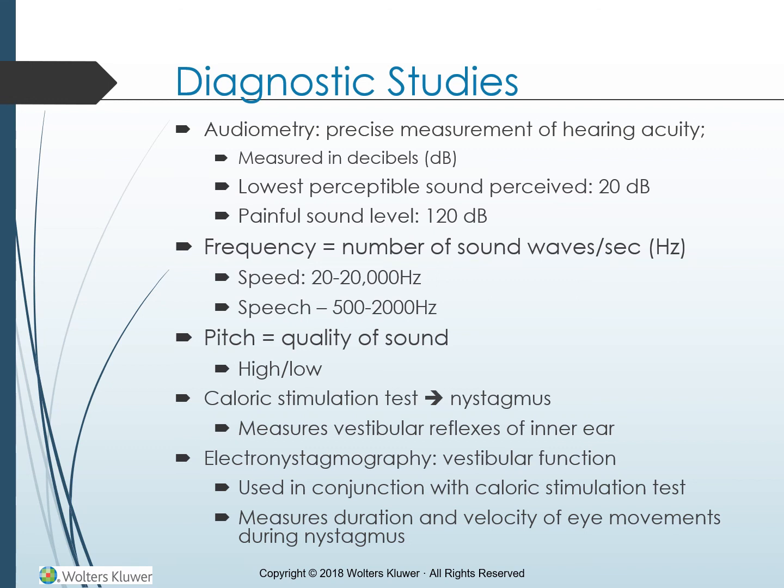Caloric stimulation test. A caloric stimulation test assesses vestibular reflexes of the inner ear that control balance. Warm water, 40 degrees centigrade, or cool water, 25 degrees centigrade, or air is instilled into the external meatus of each ear separately. The fluid alters the temperature of the temporal bone and creates convection currents in the fluid of the inner ear that stimulate movement of the head.